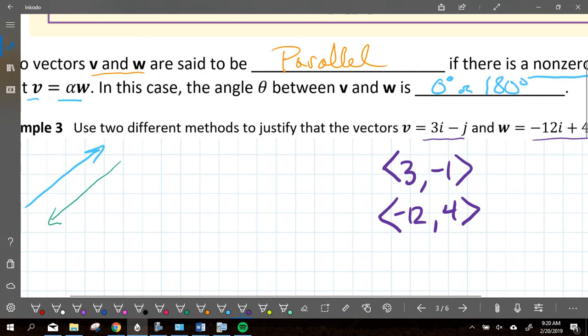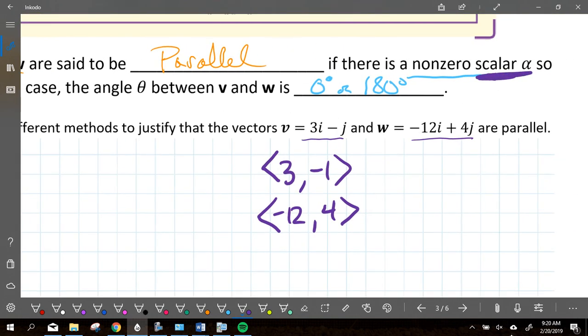Here's what this alpha part meant, the non-zero scalar alpha. That's a weird thing to say, but here's what it means. Is there some number that I could multiply that top vector by, like distribute it in, that would get you the exact same answer as the vector on bottom? Negative 4. Would you agree with that?